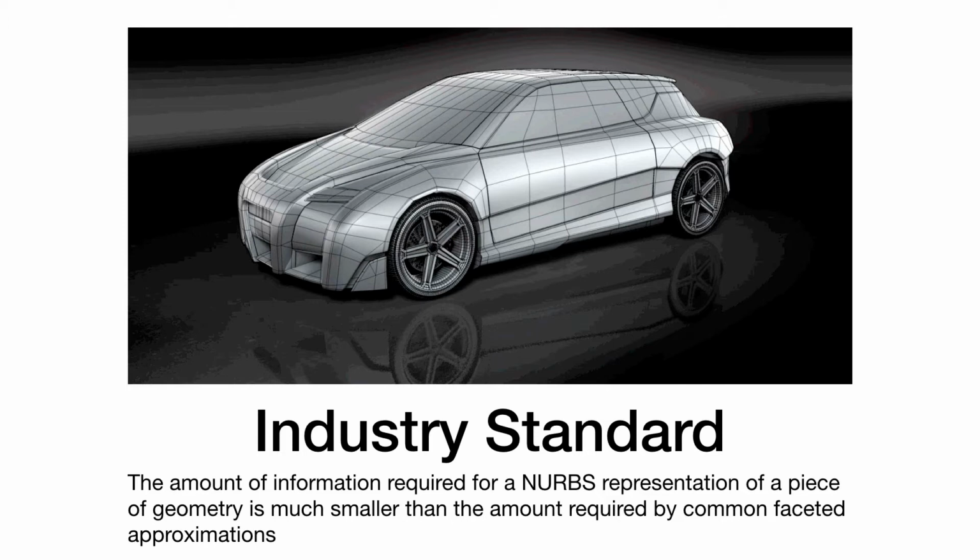The other thing that it means is because we're dealing with mathematical curves, the amount of information required for a NURBS representation of a piece of geometry is significantly smaller than a faceted, mesh-based representation. So if we have something like SketchUp that uses mesh, that's actually taking lots of little triangles and compositing those together.